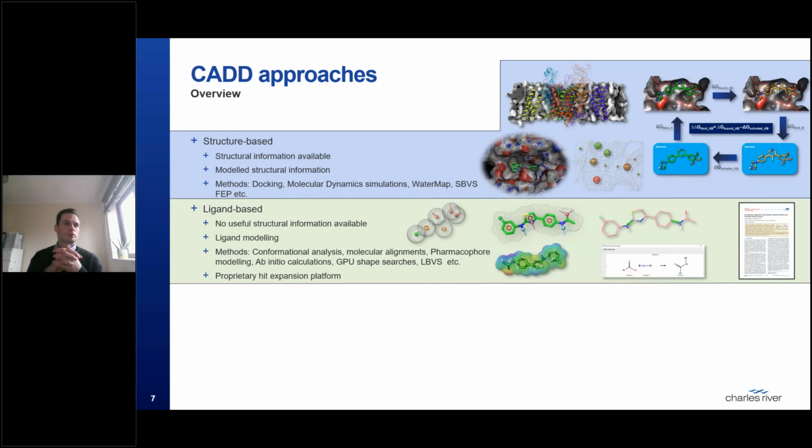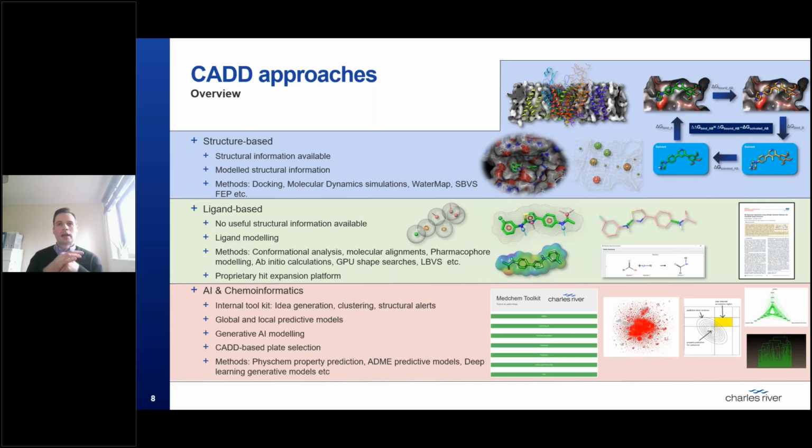And we also have a proprietary hit expansion platform where we use query molecules to expand hit matter, as well as to develop SAR around a specific chemotype.